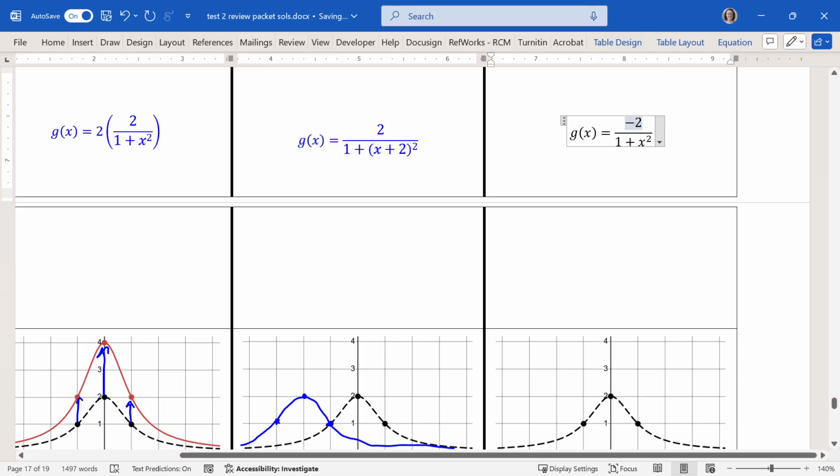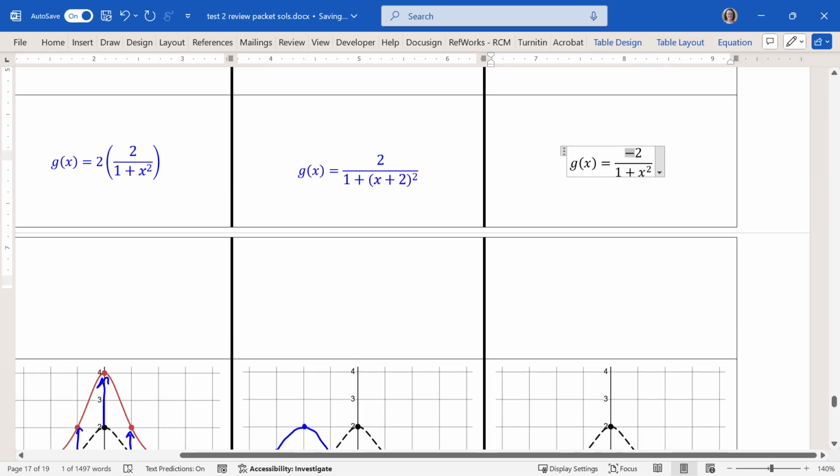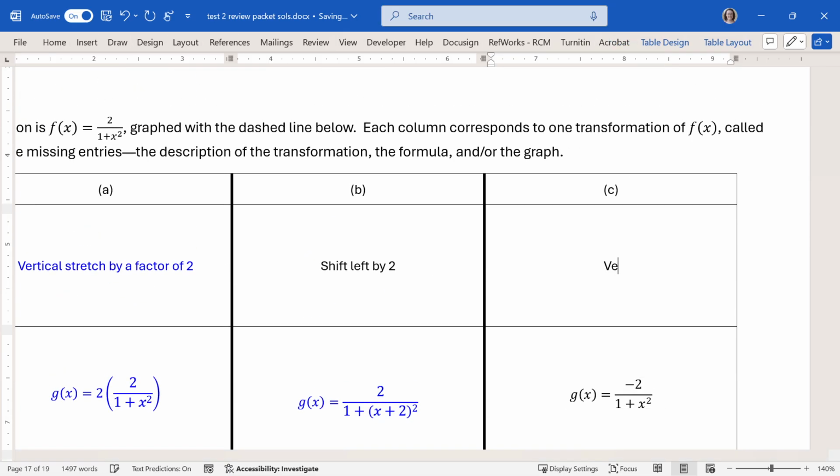Somebody, a horrible, evil math teacher, which was me, took this formula and put a negative on it, which means they did the transformation to the outside of the formula, so it's a vertical change, and making it negative is reflection. Okay, so this is vertical reflection. And vertical reflection means you switch top and bottom across the x-axis.